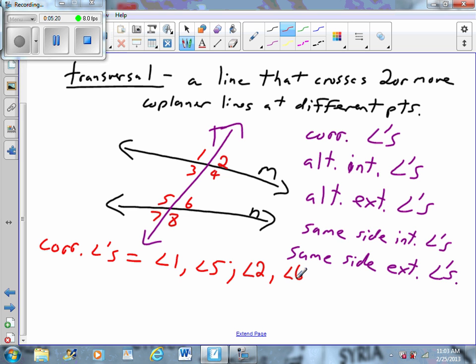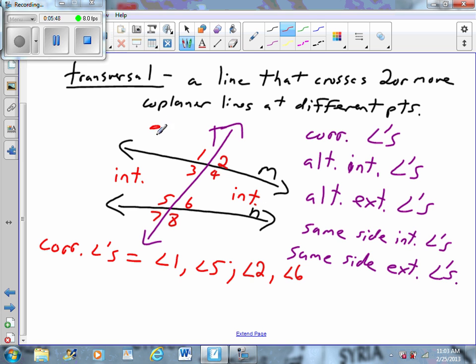Alternate interior angles. All right? There's some definitions in your book, and you've already got a list of these definitions. Let's just look at what is meant by alternate interiors. The interior part of a couple of lines cut by a transversal is that area of space in between the two lines.